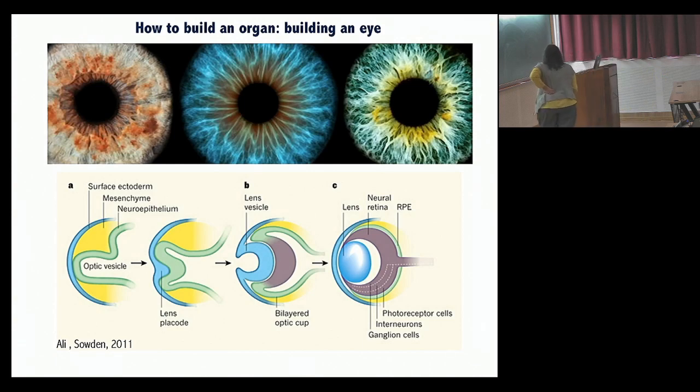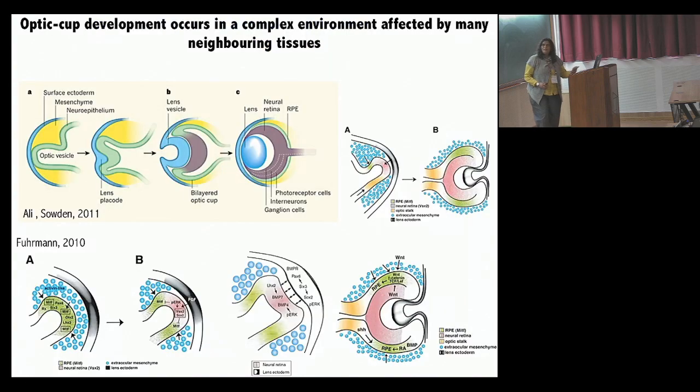And one of the reasons I decided to pick this structure is twofold. One, because it's a structure in which it's been demonstrated by studies in animal models that this process requires interactions with neighboring tissues, right?